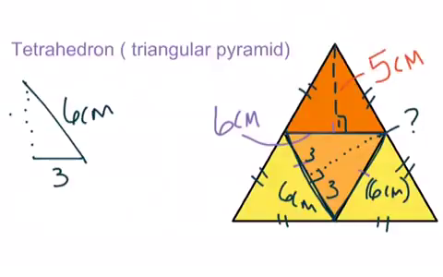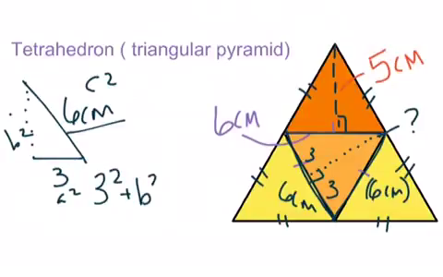Remember, this is our hypotenuse, or this is c squared. This is a squared, and this is b squared. So we're going to have 3 squared plus b squared equals c squared, which is 6 squared. I'm going to try and solve for c, I'm sorry, for b.